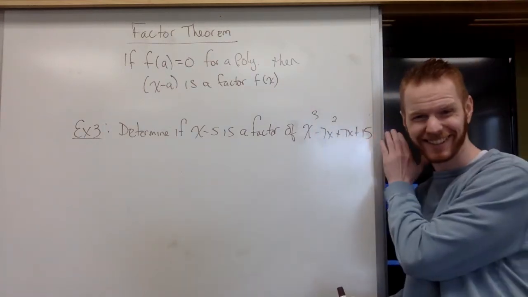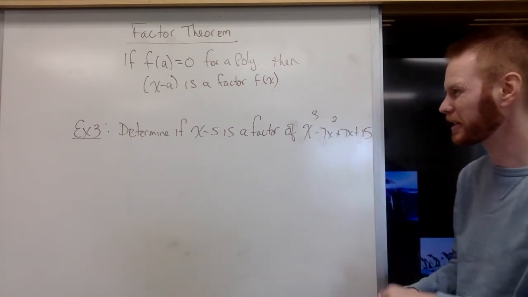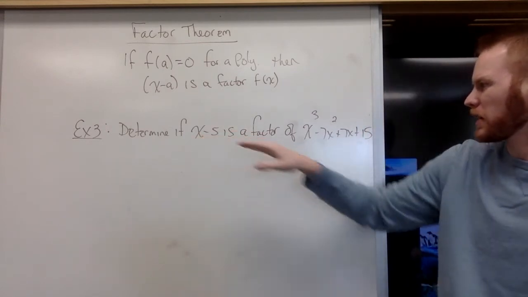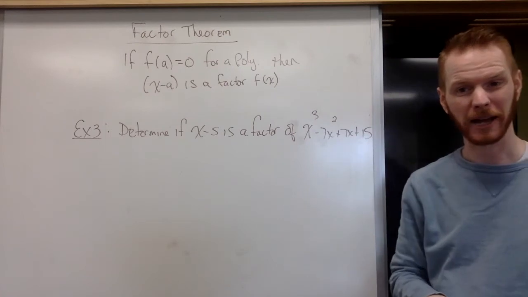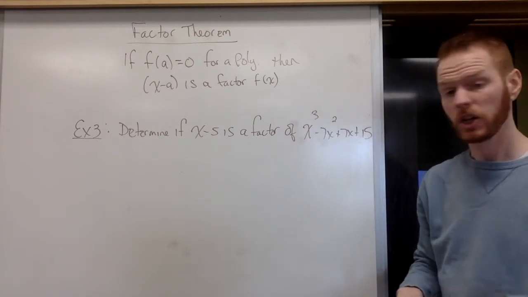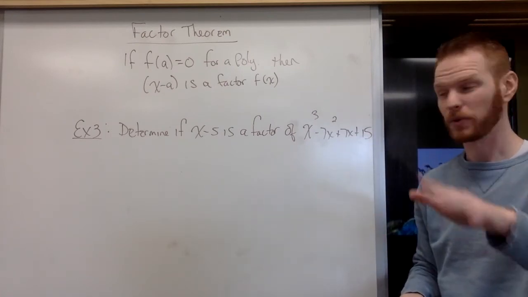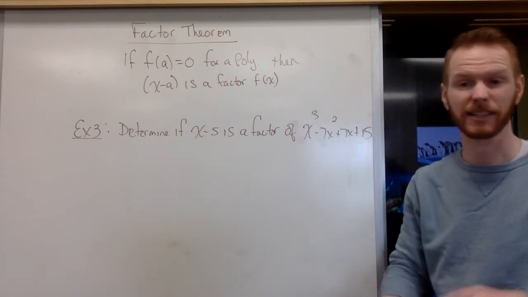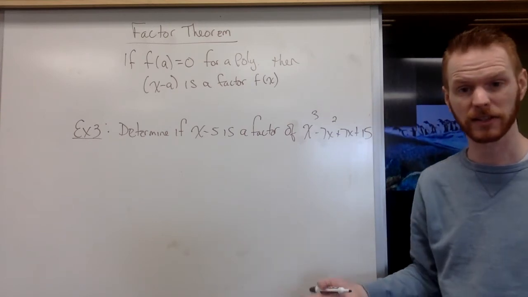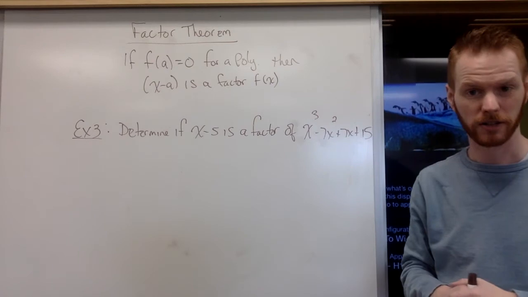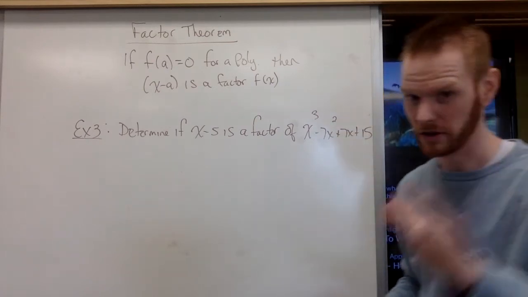I was getting closer and closer to the end of the whiteboard. Determine if x minus 5 is a factor of this guy. Okay? You could use long division. The reason why I did synthetic is because, like I said, it's a little bit of an easier process, a little bit quicker to get to the solution to this guy, but you could use long division.